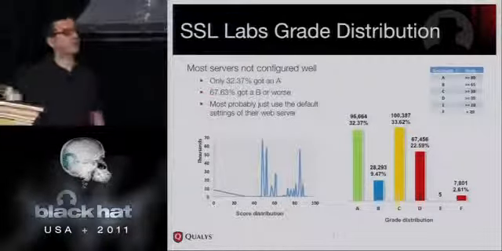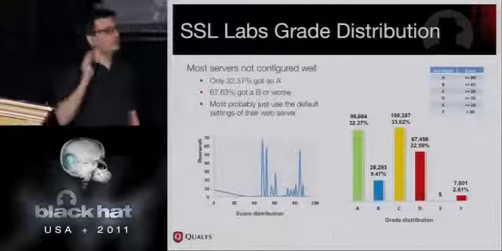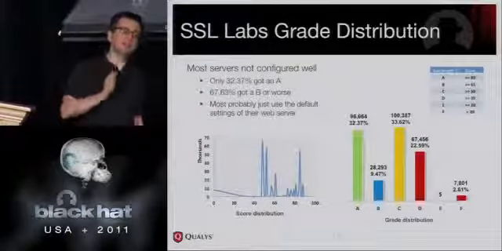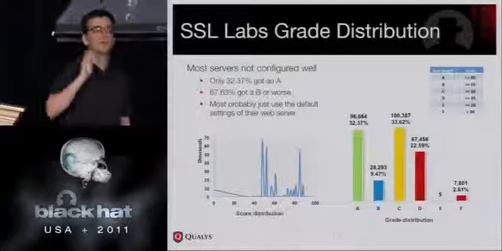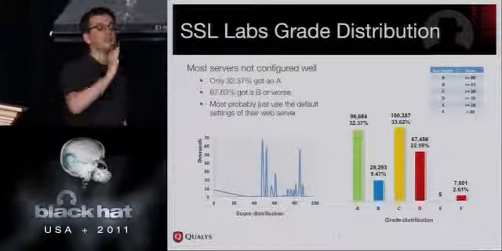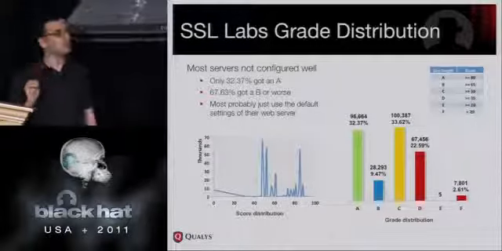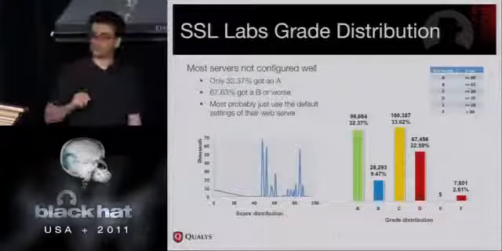The 2/3 of all sites generally have C's and D's. These are probably people who never paid attention to SSL configuration. What they did, they accepted the defaults provided by their vendors. The small number of F's, these are probably people that tried to do something but did it terribly wrong.